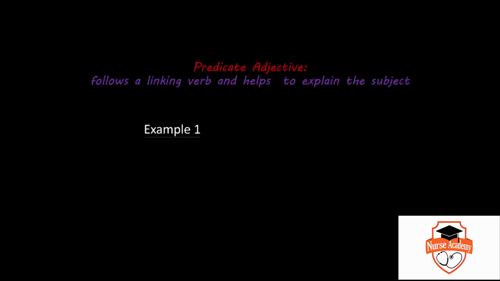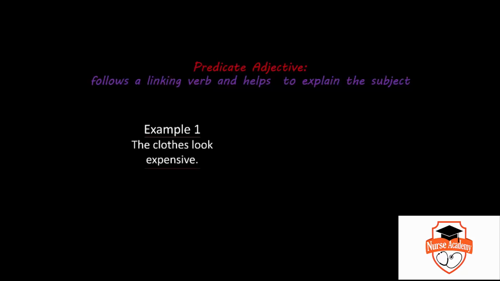Next, we'll discuss the predicate adjective. And the predicate adjective follows a linking verb. So that's one key factor. It follows a linking verb, and it helps to explain the subject. The first example that we can discuss is, the clothes look expensive. In this instance, expensive is your predicate adjective.